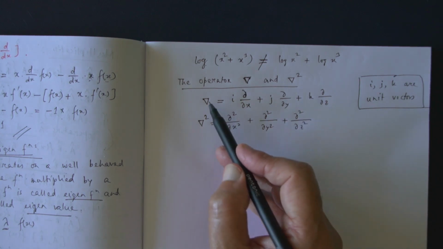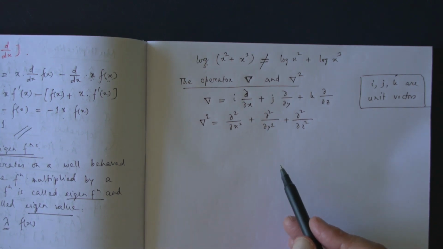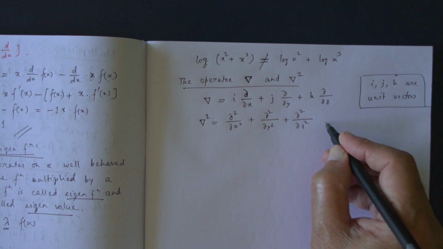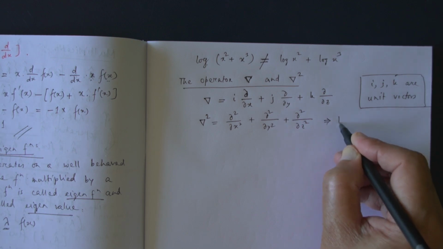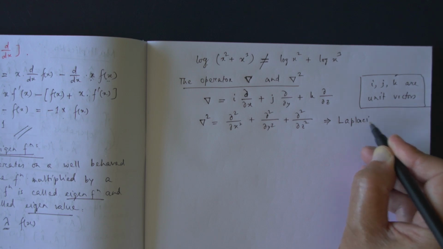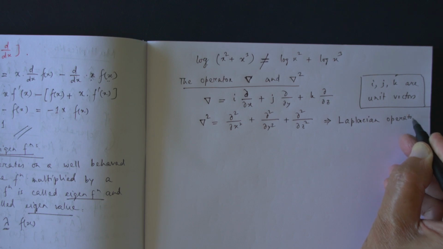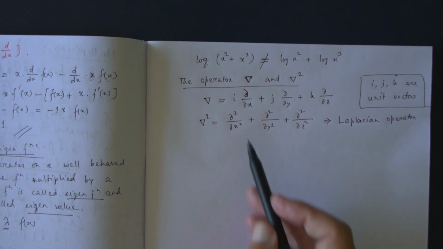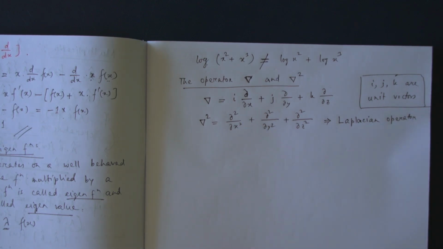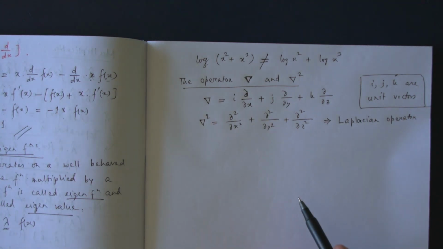So these are the del and del square operators. Del square is also called the Laplacian operator.